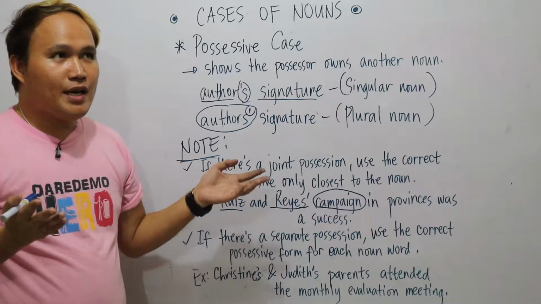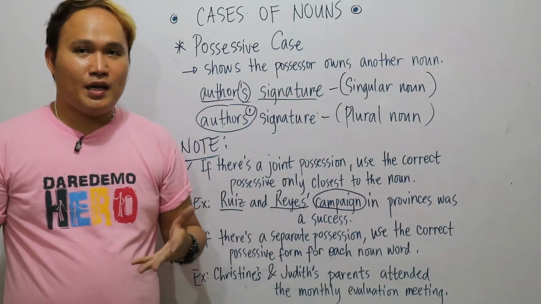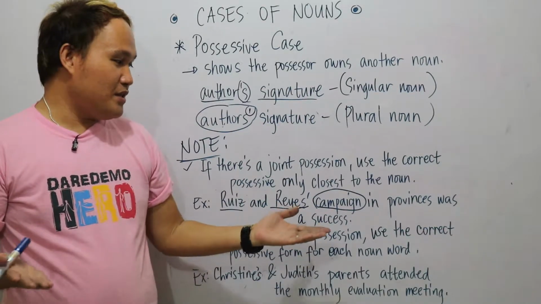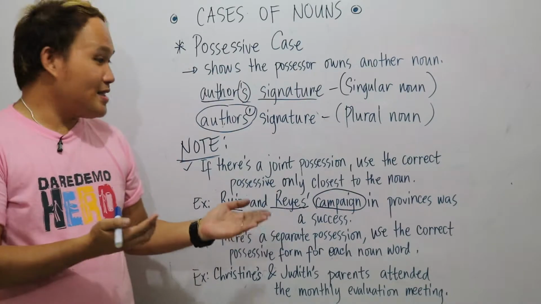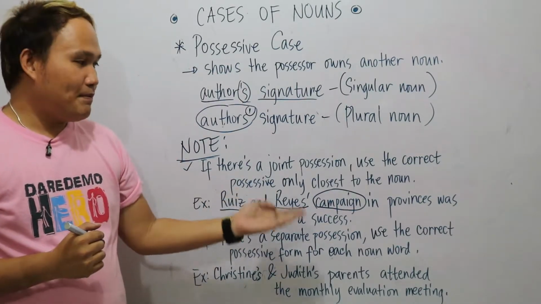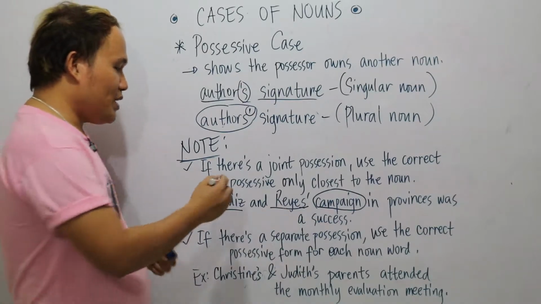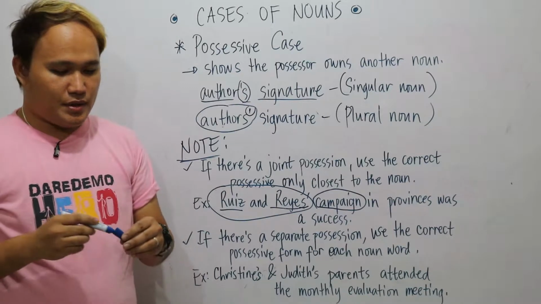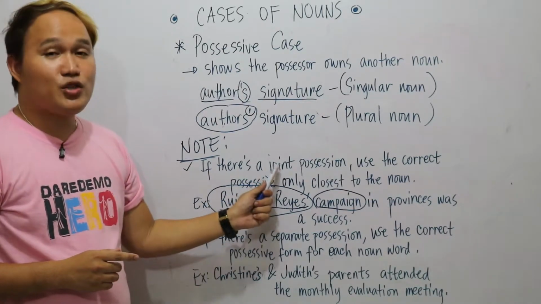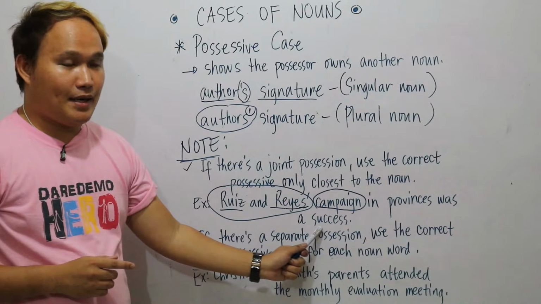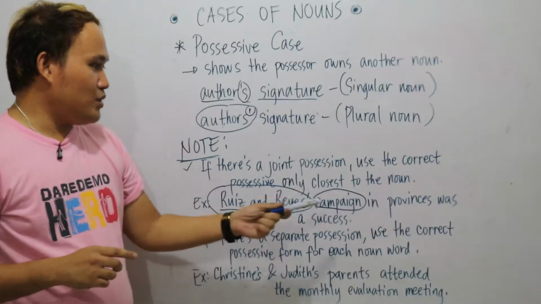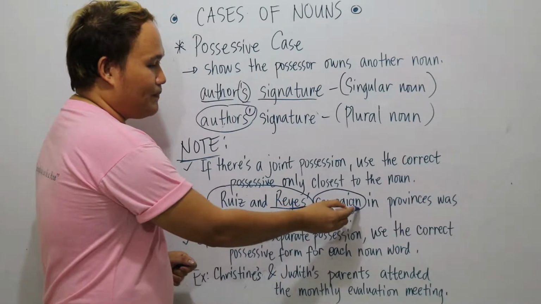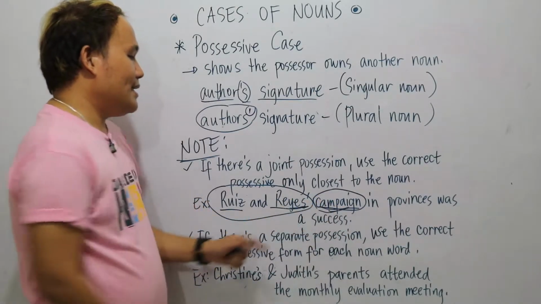Whose campaign in provinces was a success? Ruiz and Reyes' campaign. Although they are two different persons, it shows joint possession. It's their campaign, so we use the possessive form on the closest noun.